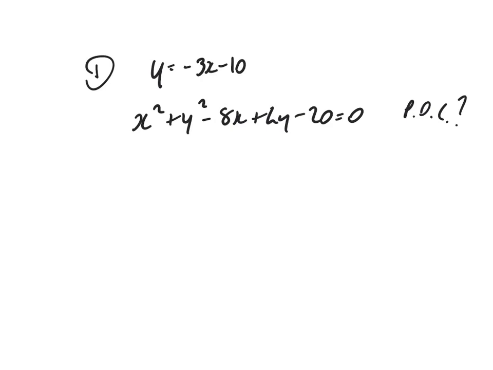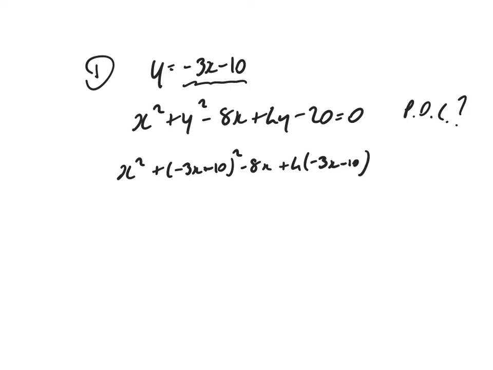Okay, so we sub our y equals minus 3x minus 10 into the equation, so it'll be x squared plus (minus 3x minus 10) all squared, minus 8x plus 4 lots of (minus 3x minus 10), close the brackets, minus 20 is equal to 0. That'll give me x squared, minus 3x all squared is 9x squared.